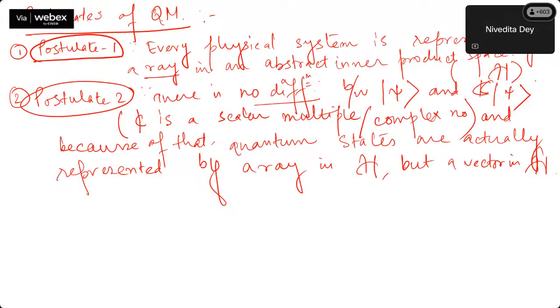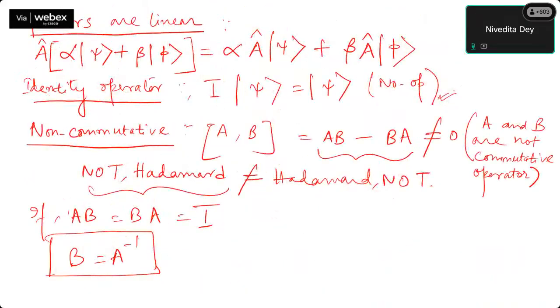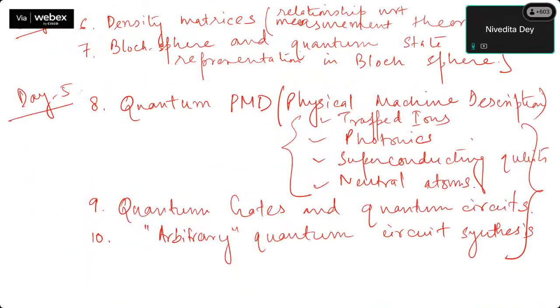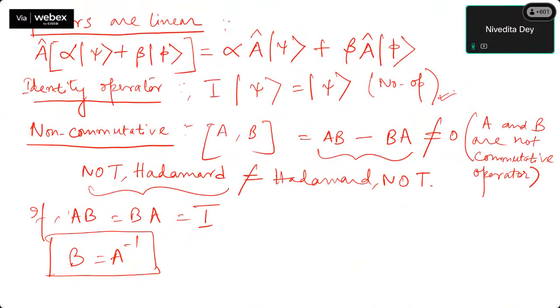So this is the first part that we completed, the observables and operator part. Now we covered this part. Next we will enter into qubit superposition and representation.